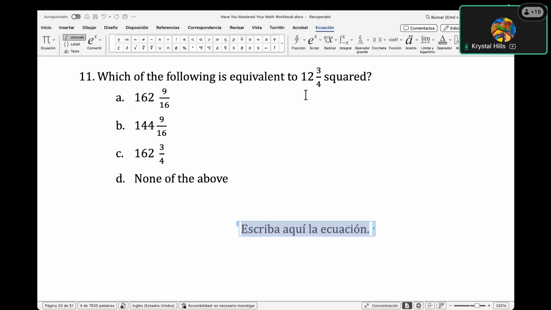So this is 12.75 times 12.75. And if you use your calculator, 12.75 times 12.75 is what? 162.5625. So let's say this.